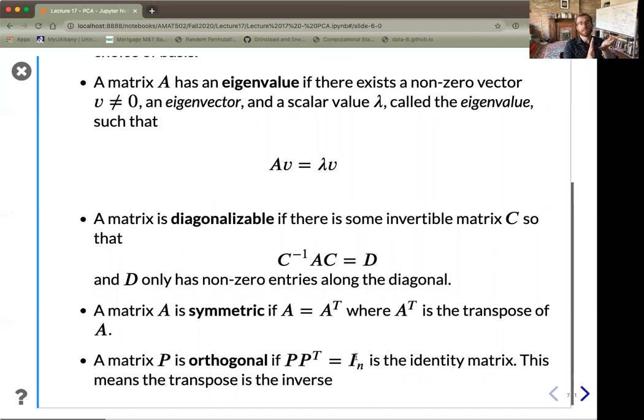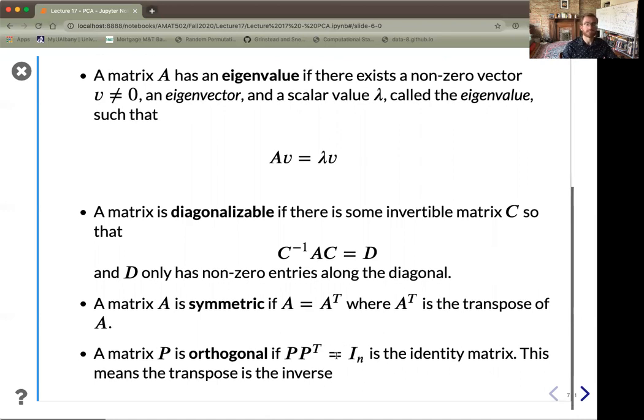This means that all the columns are orthogonal to each other, except for itself, where the dot product with itself gives you the norm. So that also says that this is a unit length vector that populates the columns of P. This also has the consequence that the transpose is the inverse of the matrix.